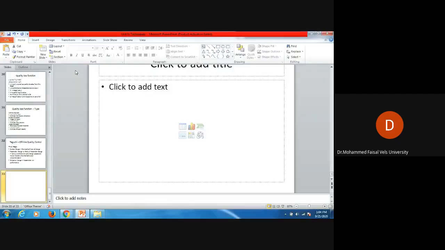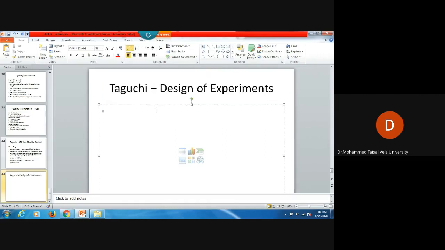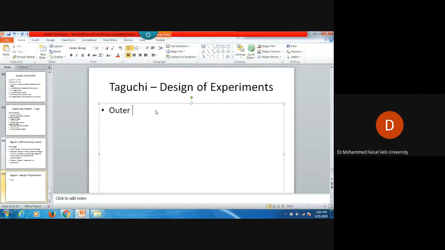But I already told you that when you talk about Taguchi, he emphasizes design of experiments, where he came up with a concept called outer arrays, or sometimes orthogonal arrays also.